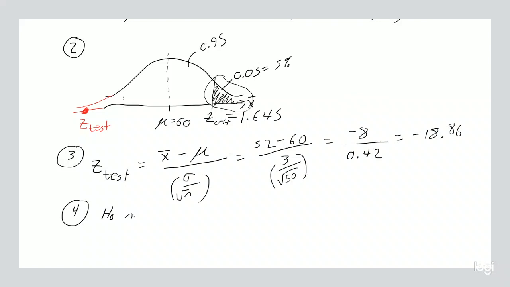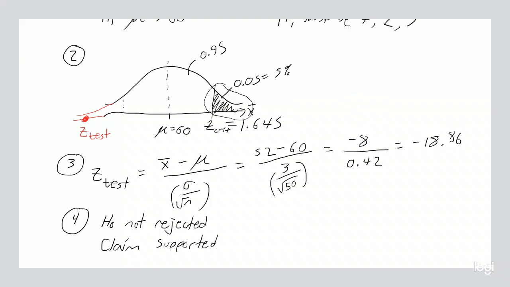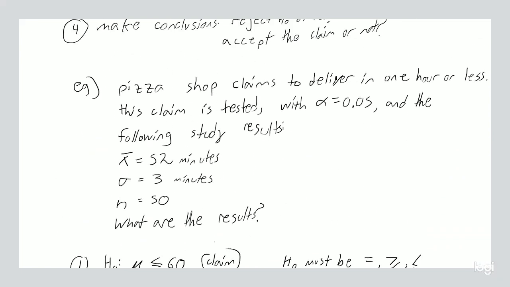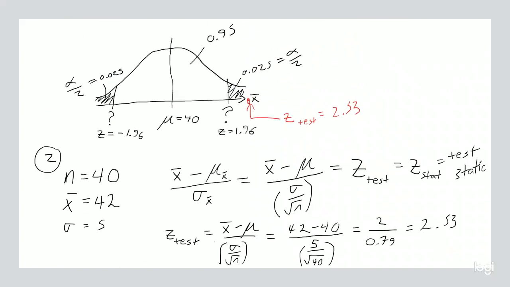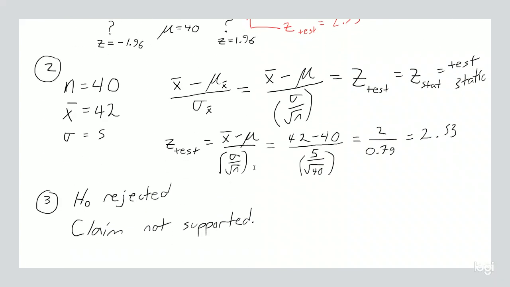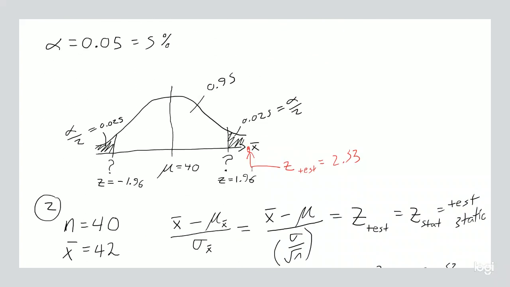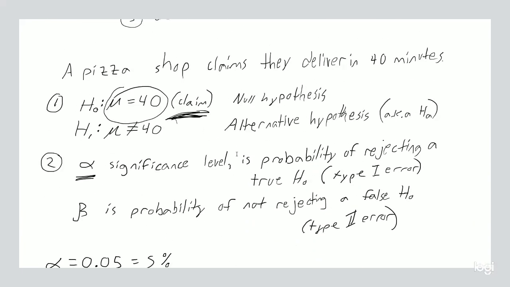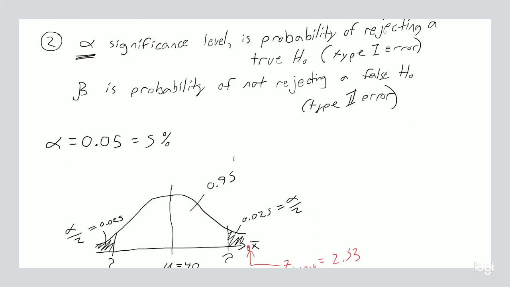Null hypothesis not rejected. So our claim is supported. We're sticking to the null hypothesis, so we're supporting the claim. Now remember, last time we actually rejected our null hypothesis, so our claim was not supported, because our claim again corresponded to that null hypothesis.